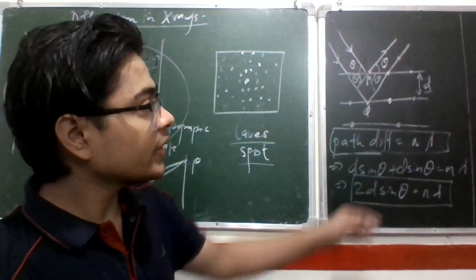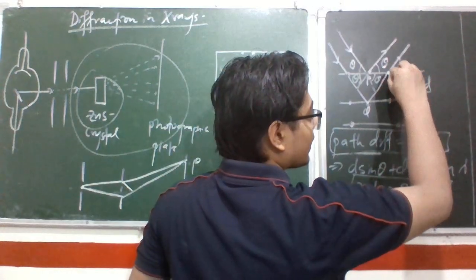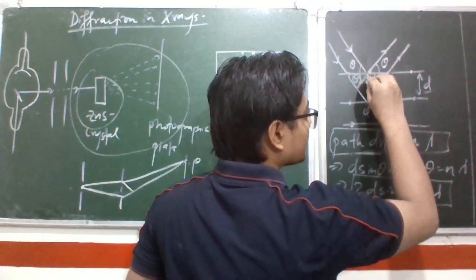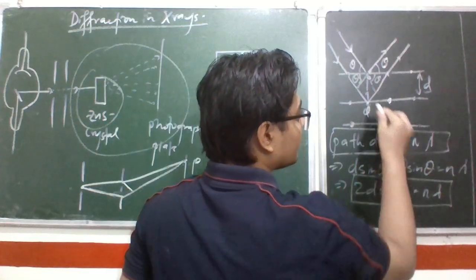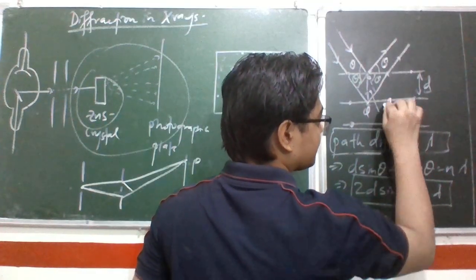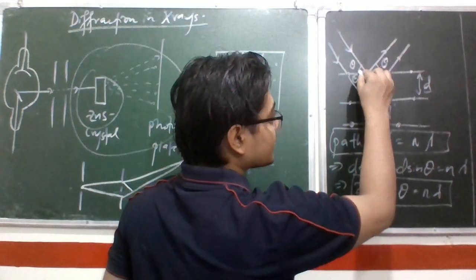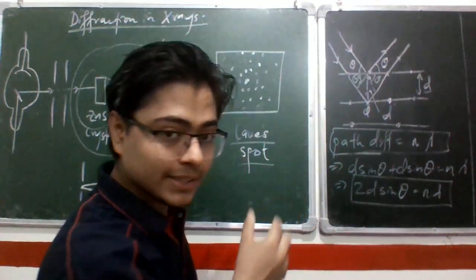Now, if you see here, and if I consider this length to be equal to this length, that is, this is d, right? Now, if you see, this is a theta angle, which is called the grazing angle.